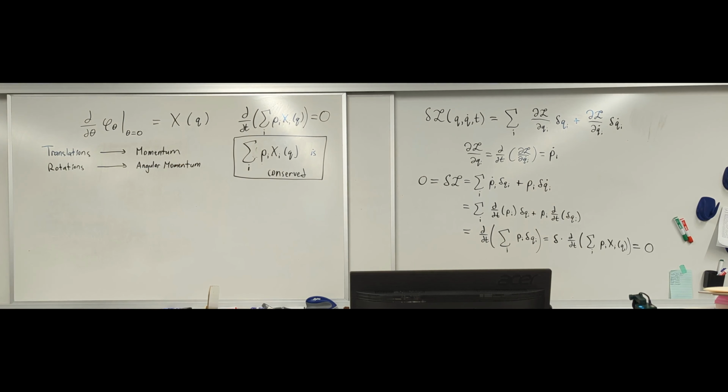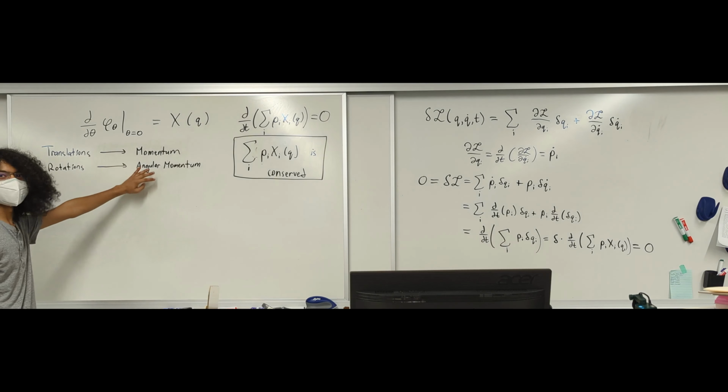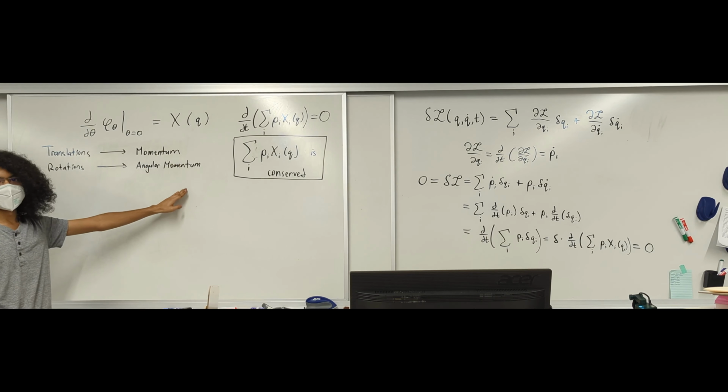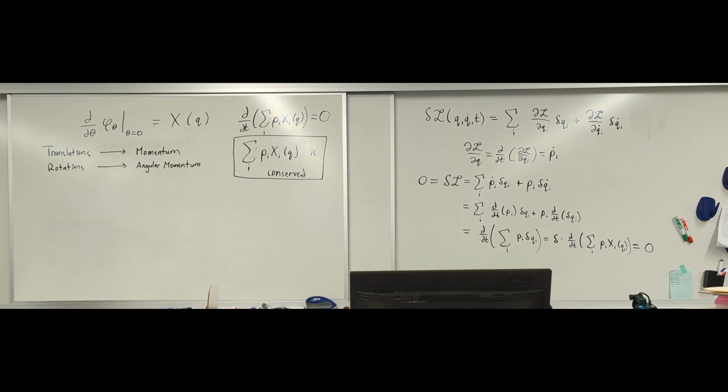Okay, so if you're like me, you think that this is wonderful and amazing, one of the most incredible concepts or theorems in physics. But if you still don't really care about this, or you think this is just kind of a niche thing, who cares? What does this have to do with our old ideas of conservation of momentum and angular momentum?